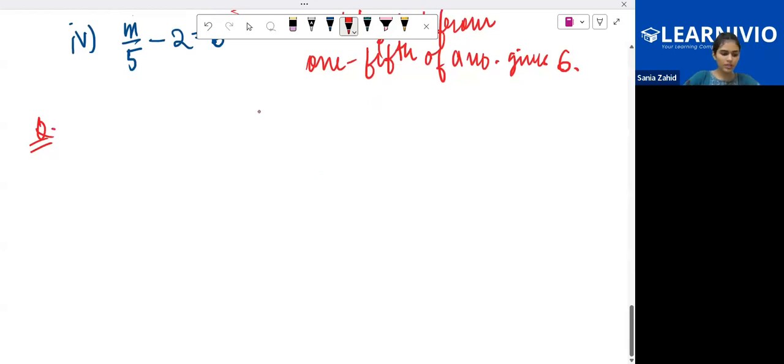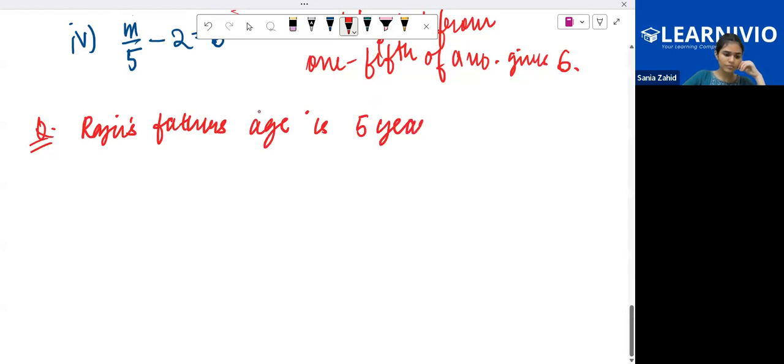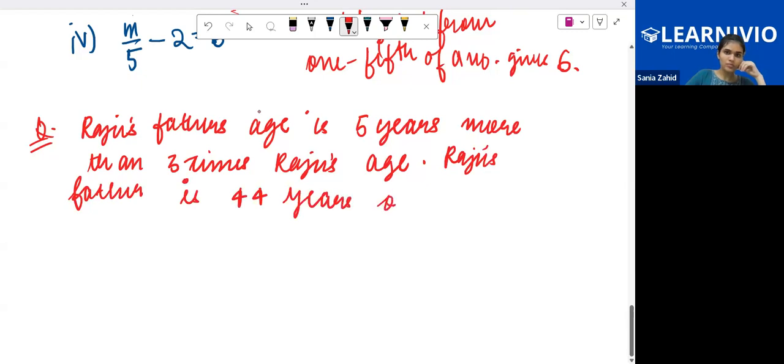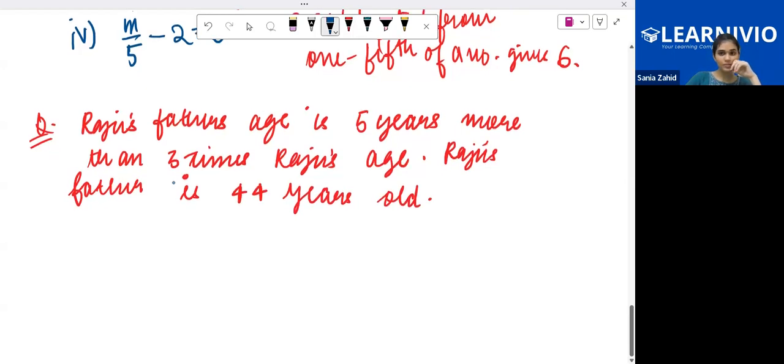Raju's father's age is 5 years more than... You have to form a statement, an equation for this.